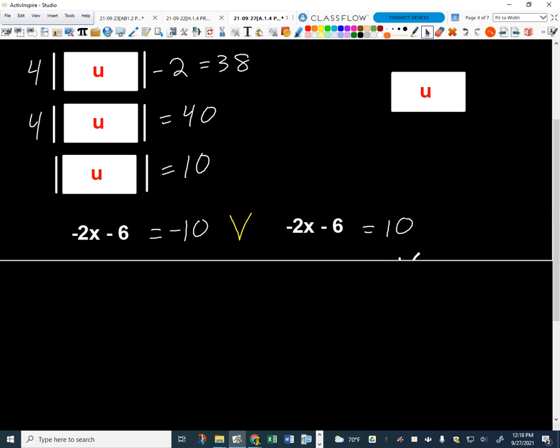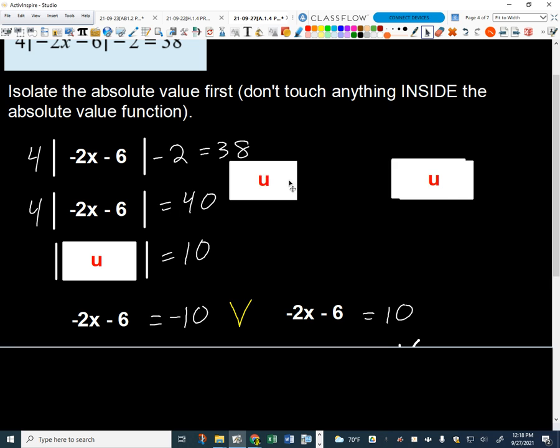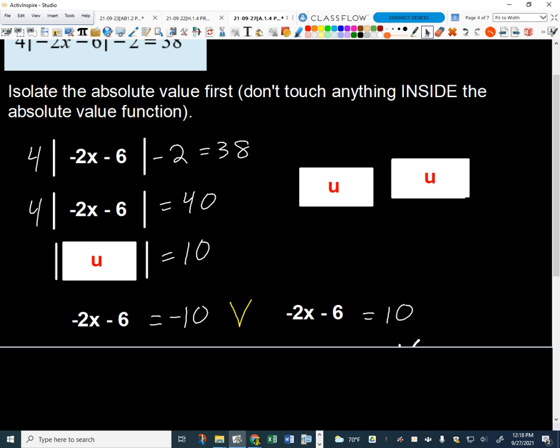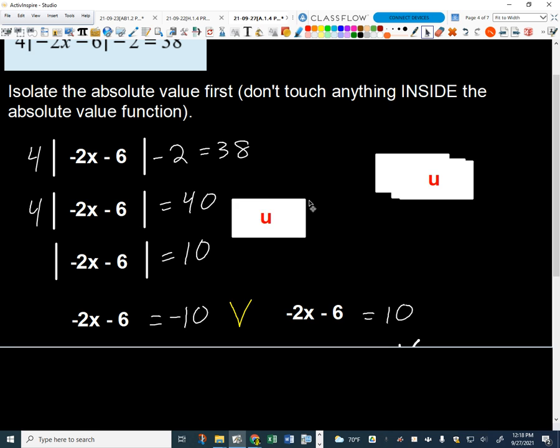But until that point, everything inside the absolute value bars is off limits, right? I can't touch anything inside the absolute value bars until the absolute value bars are gone.